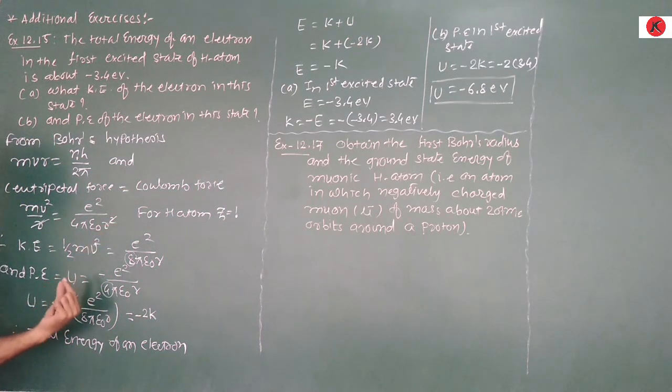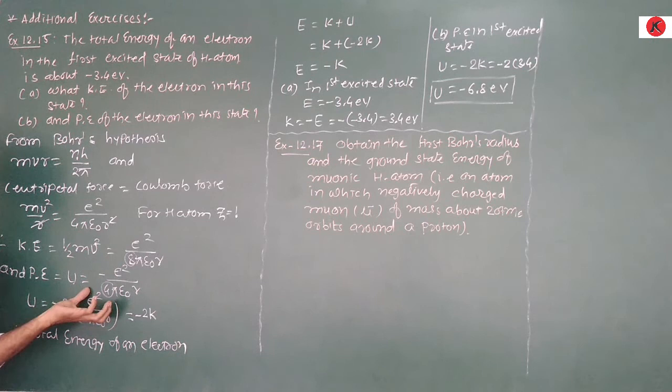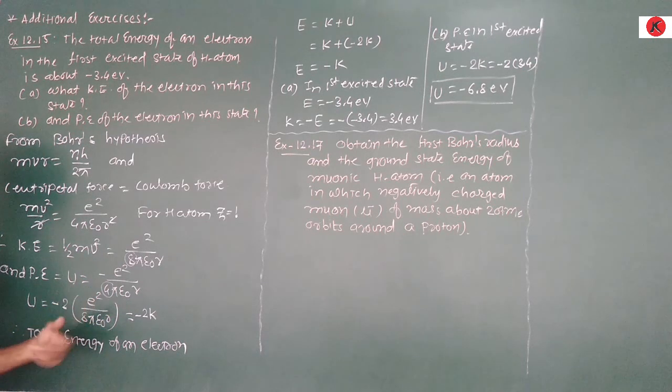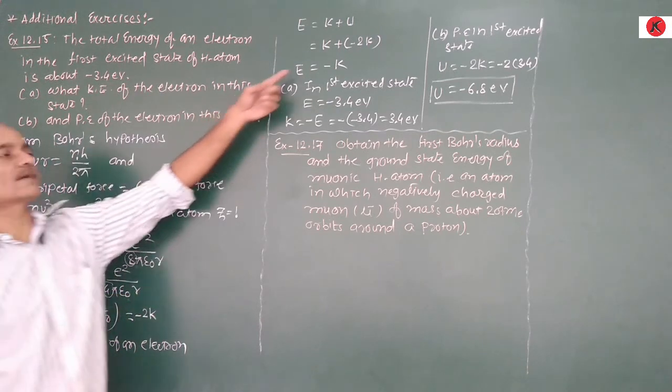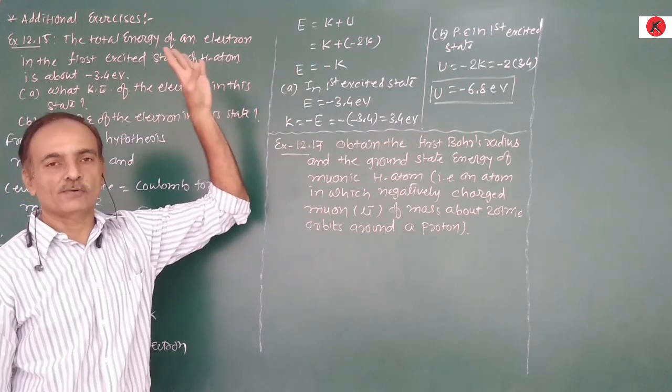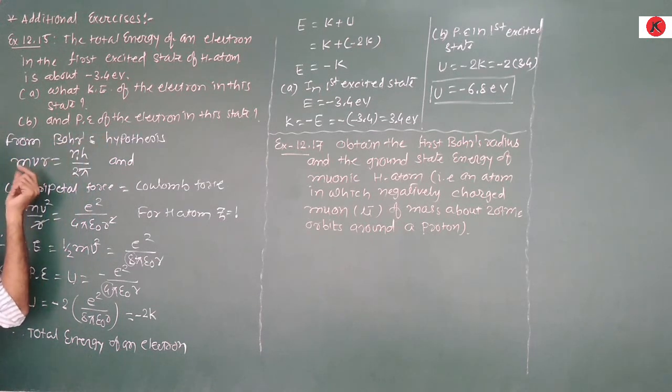So now, what are the relations we obtained? That is the most important for the concept of MCQ type questions. Potential energy is twice the kinetic energy. Kinetic energy is equal to the total energy, but negative. Again, from Bohr's hypothesis, mvr is equal to nh upon 2 pi, and centripetal force is equal to Coulomb force.